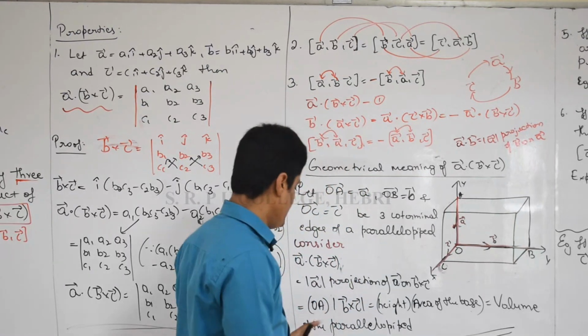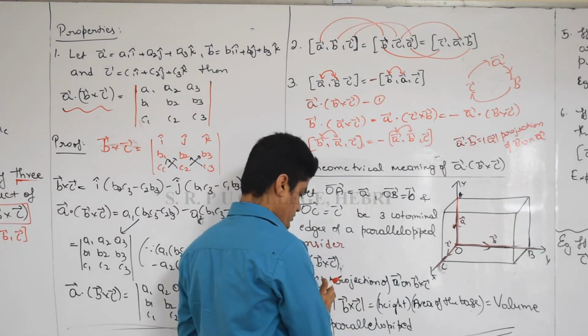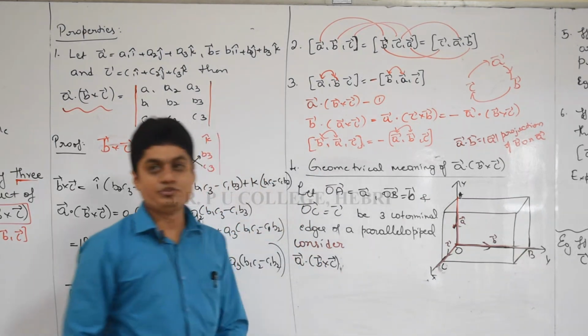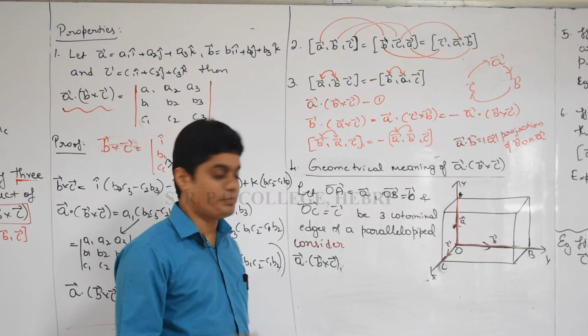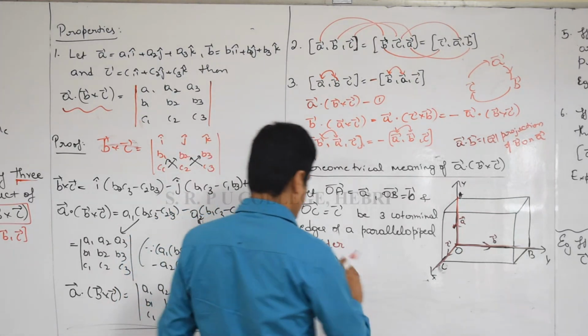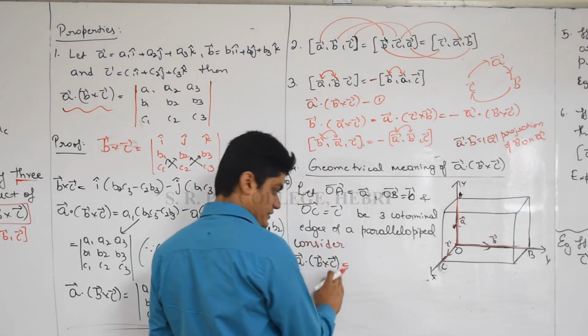So I am using that. I am using the geometrical meaning of the dot product. A dot B is also known as the projection of one vector on another vector, right?